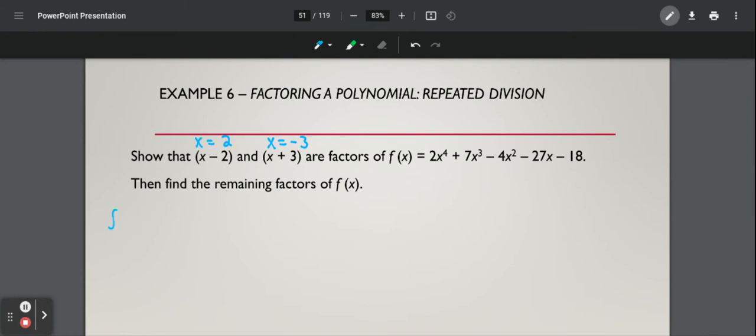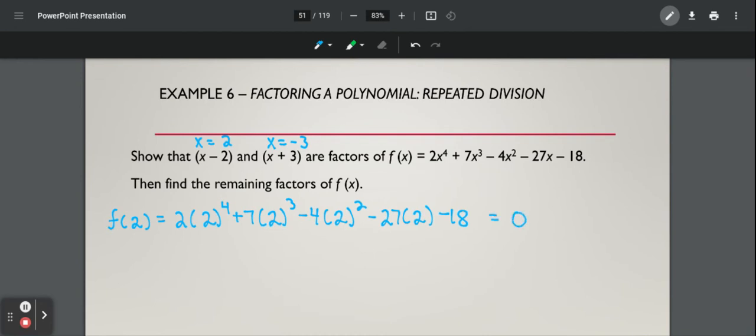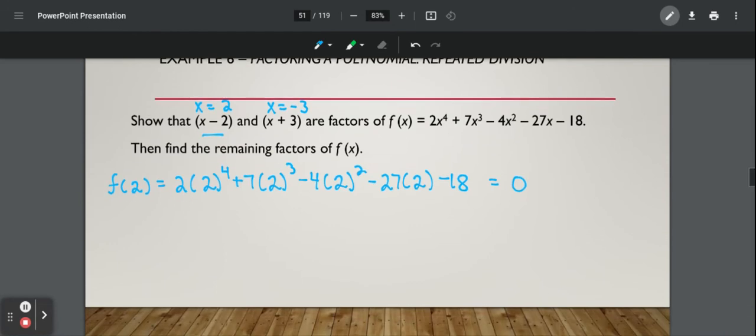So if we did f of 2, we have 2 times 2 to the 4th plus 7 times 2 to the 3rd minus 4 times 2 squared minus 27 times 2 minus 18. If we were to simplify that, we would get 0, which would mean that x minus 2 is a factor.